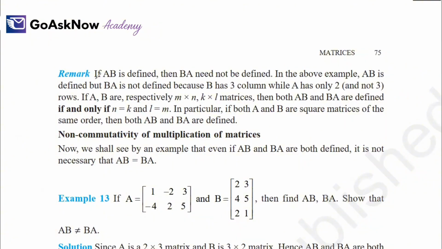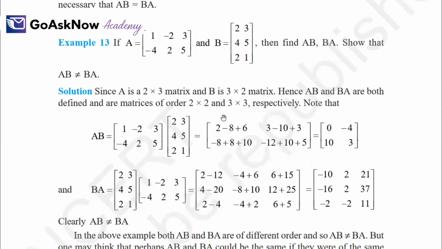If A is 1, minus 2, 3, minus 4, 2 and 5, and B is equal to 2, 4, 2 and 3, 5, 1, then find AB and BA. Show that AB is not equal to BA. If you do your AB calculation and BA calculation, you will get to know that AB is not equal to BA.